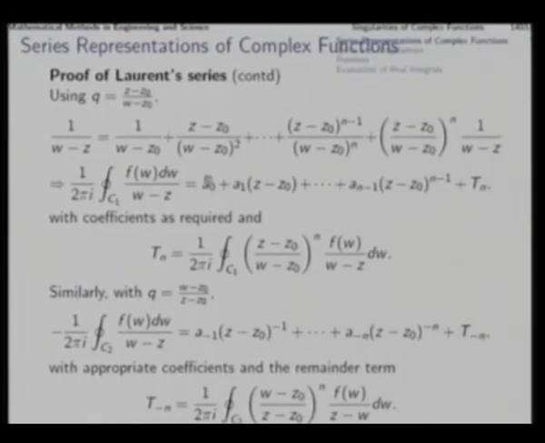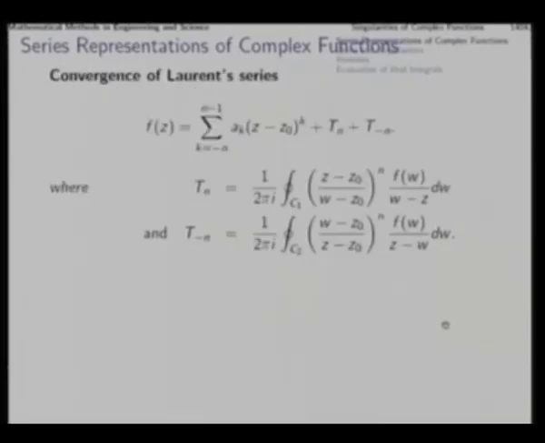Now, the sum of all these terms turns out to be the summation from minus n to n minus 1, with the two boundary terms, highest considered here, lowest considered here. So, a_k (z minus z0) to the power k has been included from k equal to minus n to n minus 1, and these are the two remaining terms.